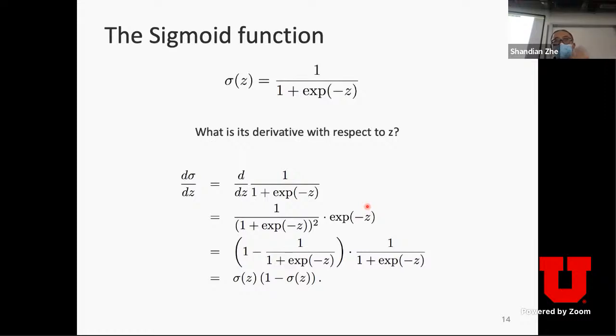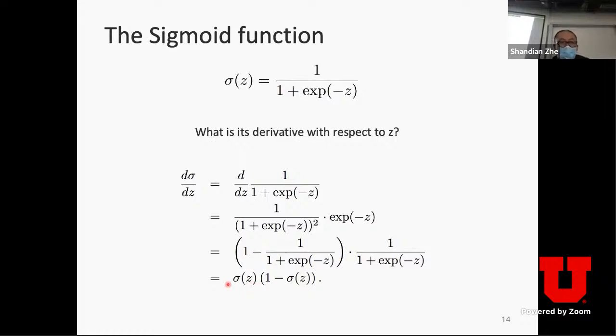So you have two minus signs, and they cancel. Then you write out this square. One piece is just 1 over 1 plus e to the power of minus z, and the other piece is exp of minus z over 1 plus exp of minus z. If you divide the denominator and the numerator, that is essentially 1 minus the sigmoid.